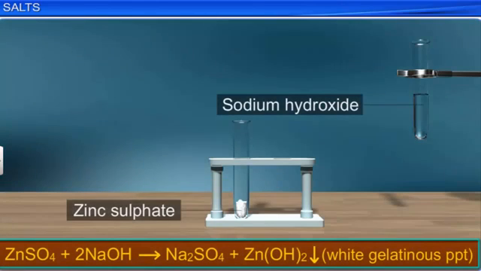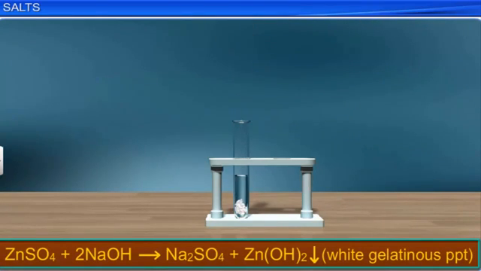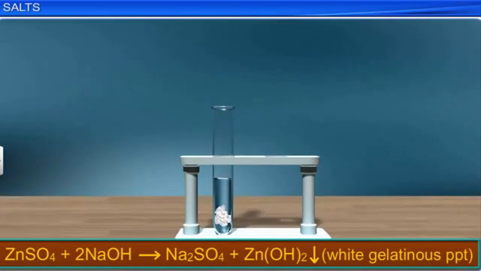Zinc ion, in colorless zinc sulfate, reacts with sodium hydroxide and ammonium hydroxide and leaves a white gelatinous precipitate of zinc hydroxide in each.